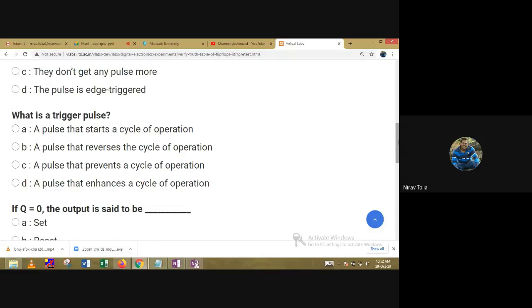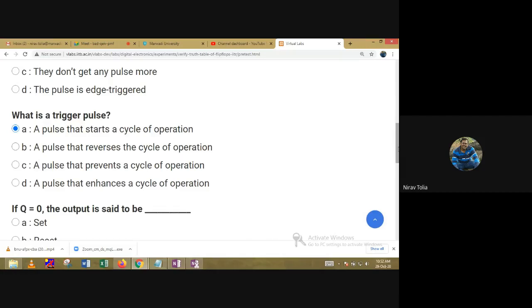The options are a pulse that starts a cycle of operation, a pulse that reverses the cycle of operation, a pulse that prevents a cycle of operation, and a pulse that enhances a cycle of operation. So actually, what is a trigger pulse? Yes, Miloni, it's a pulse that starts a cycle of operation.